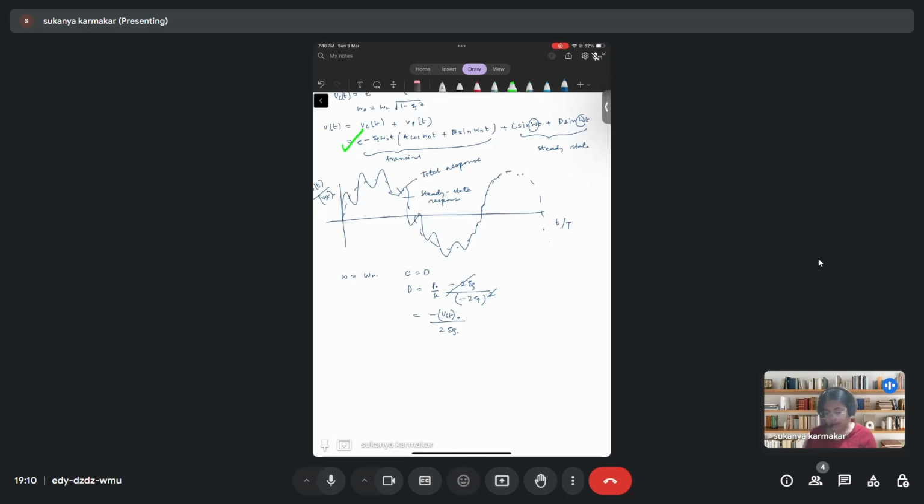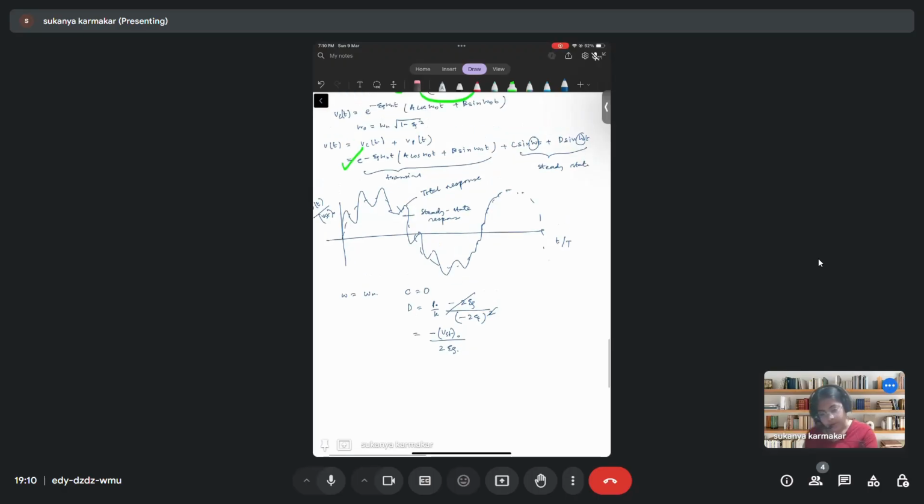Let's say for zero initial conditions, at resonance I know the value of c, I know the value of d, I don't know the value of a and b. If my initial conditions are 0, we just saw that you can calculate the value of a and b.